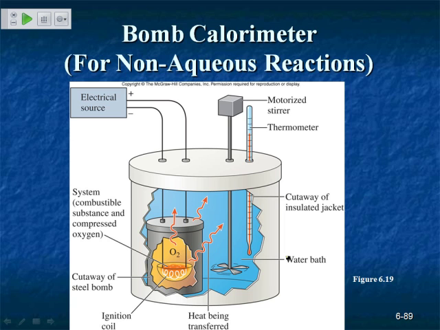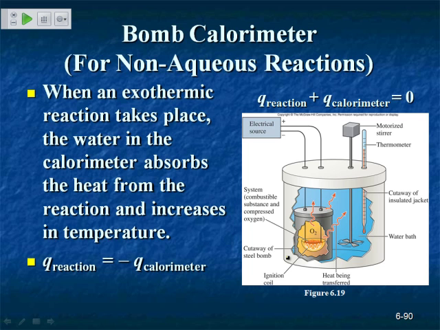The metals would transfer the heat very well, right? So that heat is nicely transferred to the water, and you are again measuring the temperature change in water, calculating Q of water, and changing the sign. You will get the Q of whatever substance or chemical reaction you are looking at. Since this is burning inside, we just call it a bomb calorimeter. It's not going to explode or anything, okay? So it's the same setup.